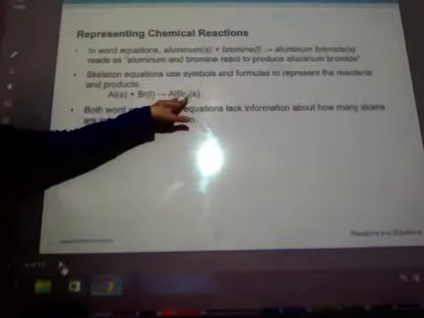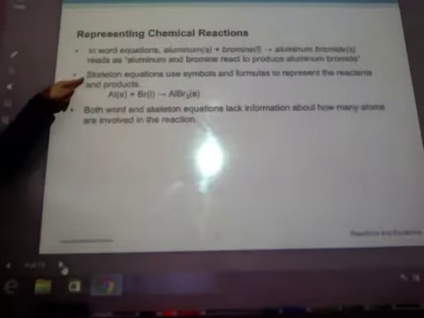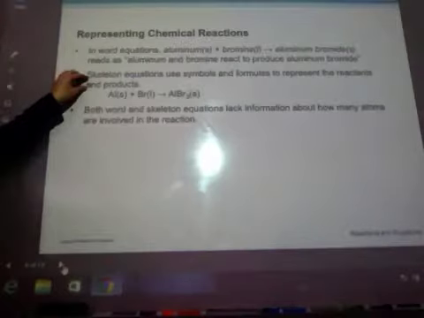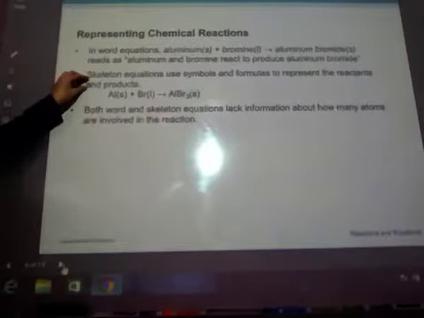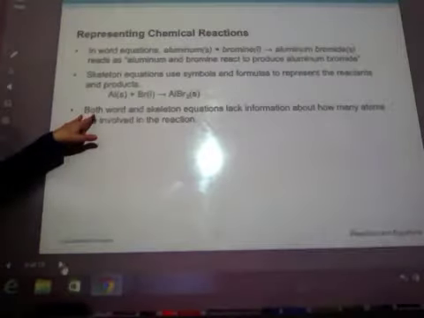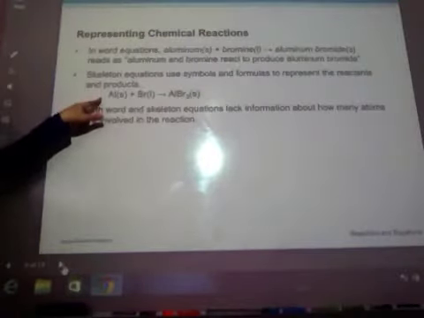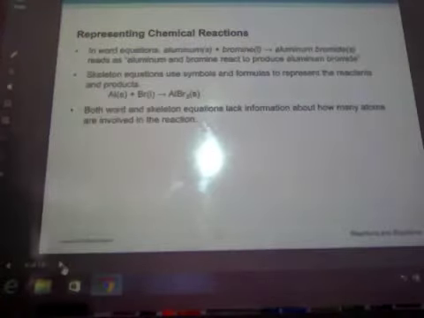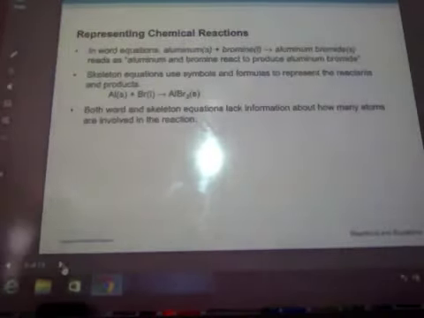We're going to write things out, but a skeleton equation is not balanced. So it's an unbalanced equation. It's just the framework. And then both word and skeleton equations lack the information of the balancing part, of how many atoms are there, how it's properly balanced.